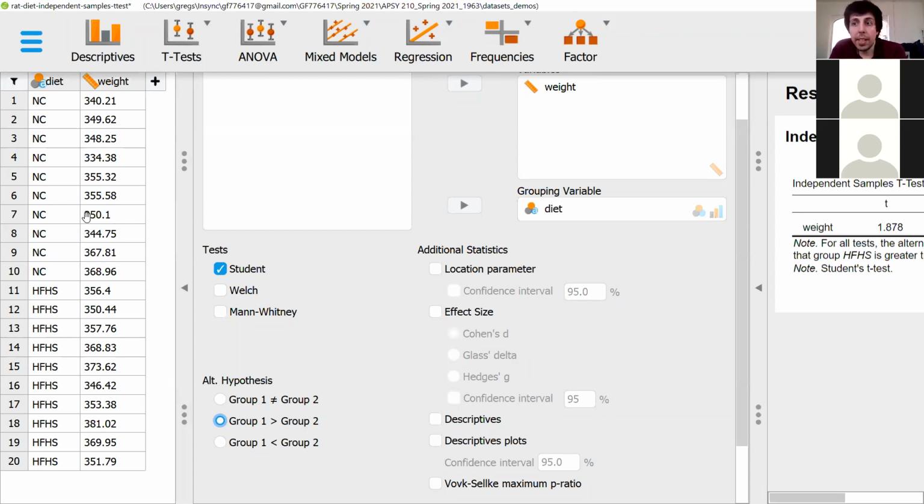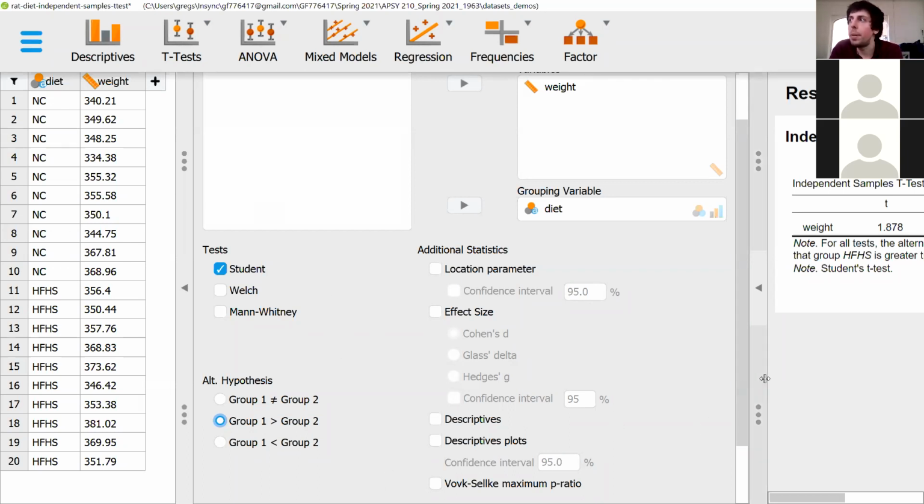So that's something to keep in mind with software. If you don't specifically tell it to do something, it will default to some rule that you didn't even think about. Here, I decided to call population 1, sample 1, the normal chow group, but because there was no way of specifying that in JASP, it defaulted to alphabetical order for sorting group 1 and group 2.